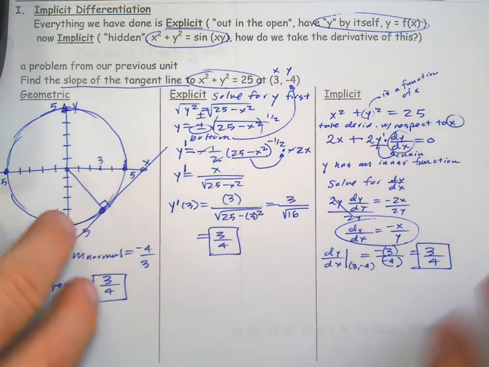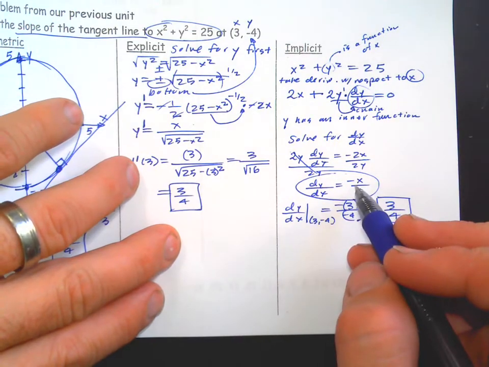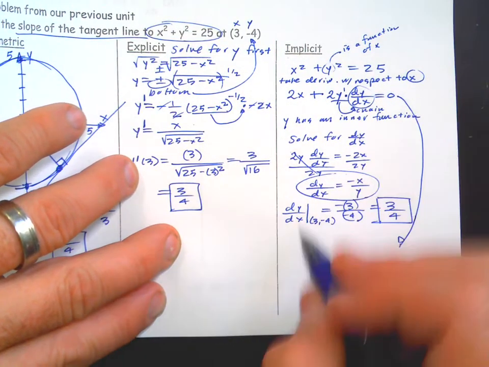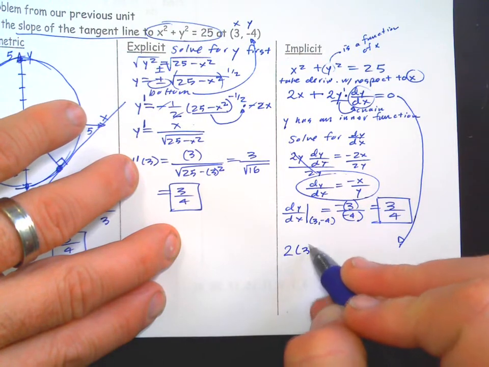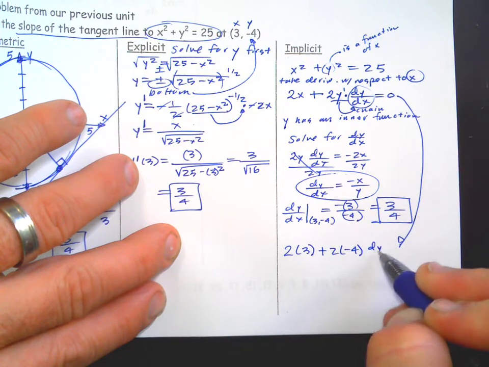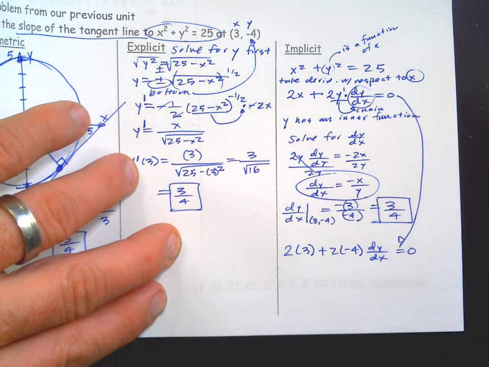Now, if I were actually doing this problem in the future, I wouldn't try and get dy dx by itself. I would skip and just start plugging in the x and y values right away, because it's going to be easier to solve for dy dx if I just have a bunch of numbers anyways, right?